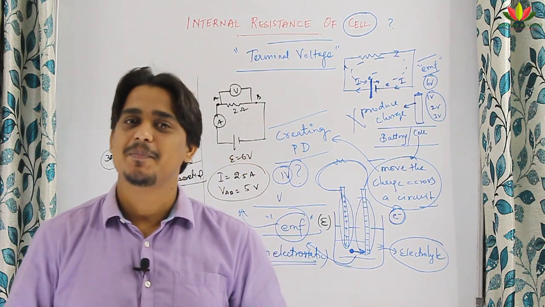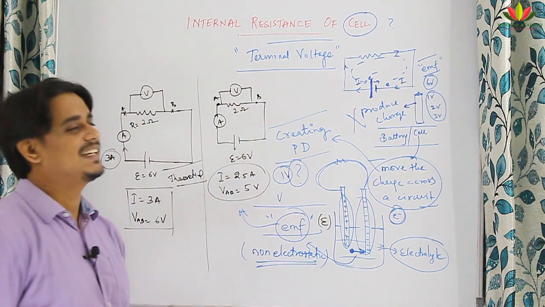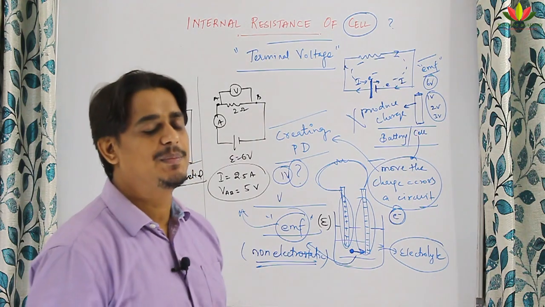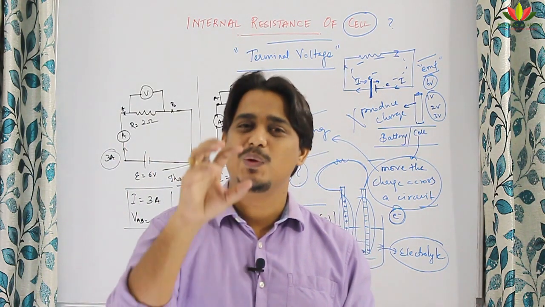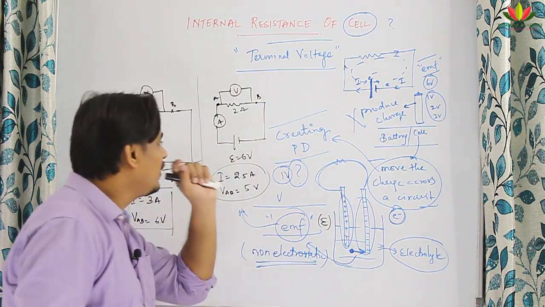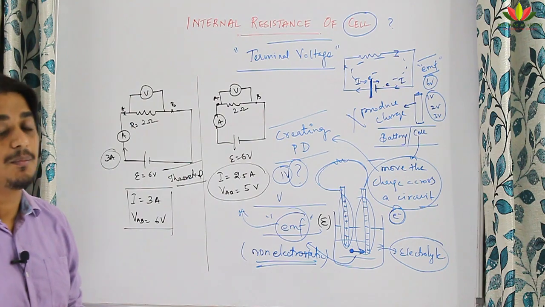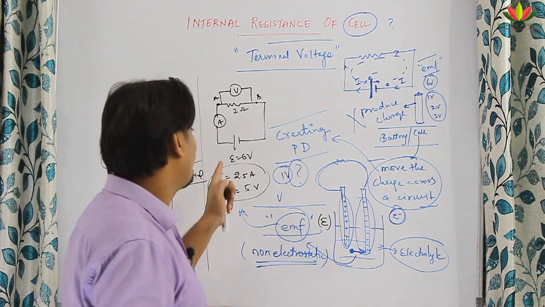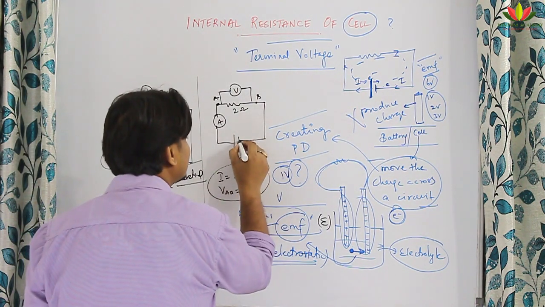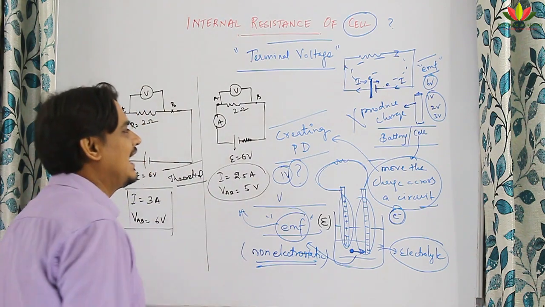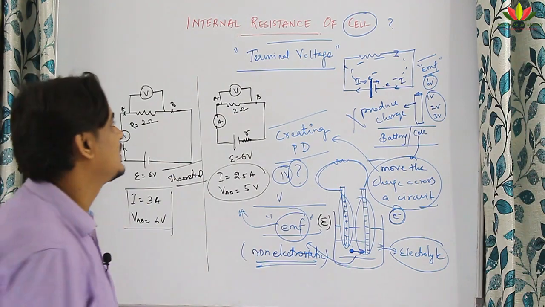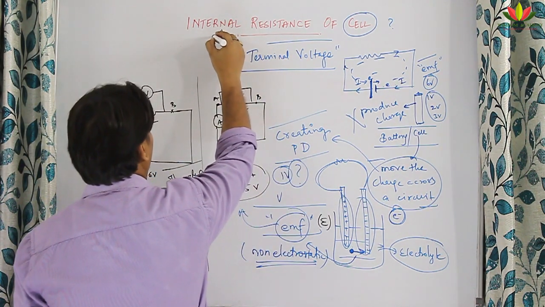There must be some more resistance inside the circuit which is consuming this potential difference. I have already told you in my previous sessions that resistance will eat the potential, it consumes the potential. So, somewhere that 1 volt has been taken by whom? It has been taken by the cell, and that cell is having some resistance inside, and that resistance is known as internal resistance of the cell, denoted by small r.